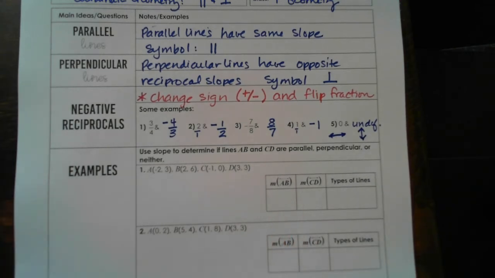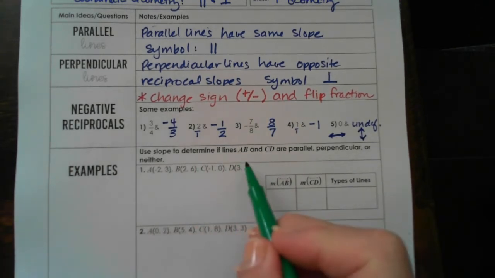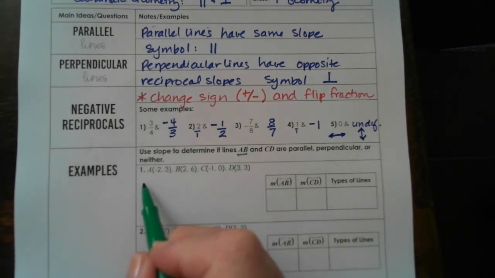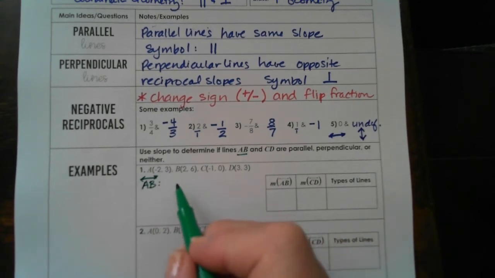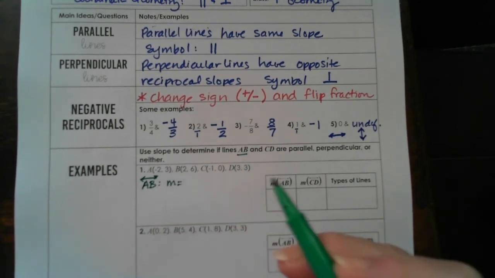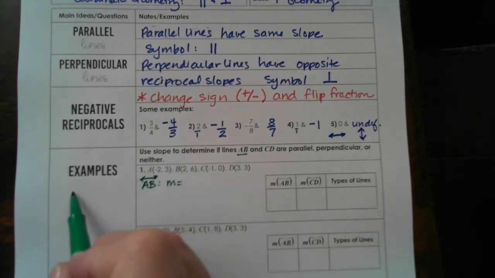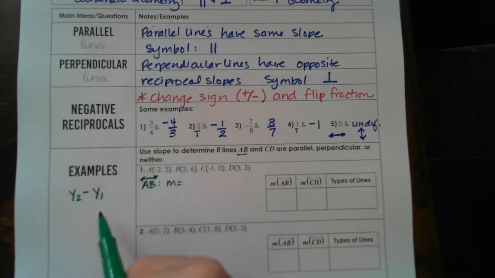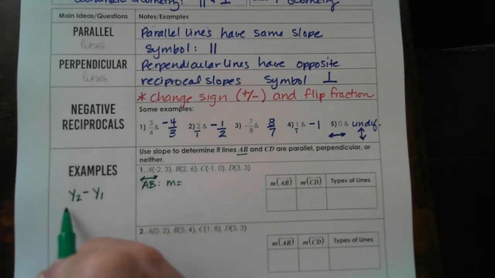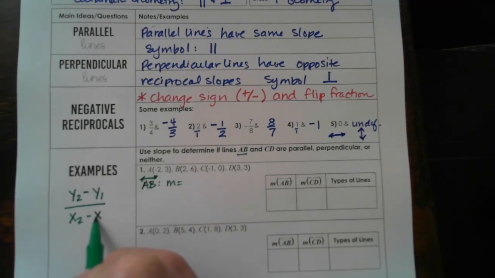So the first one I'm going to do is AB. So I'm going to do AB in green. I want to find the slope for the line AB. I want you to make sure we're doing our notation properly. That says line AB, and I'm going to find the slope for that. To find the slope means we take y sub 2 minus y sub 1. We subtract our y's, and we're going to divide that by our x's, x sub 2 minus x sub 1.